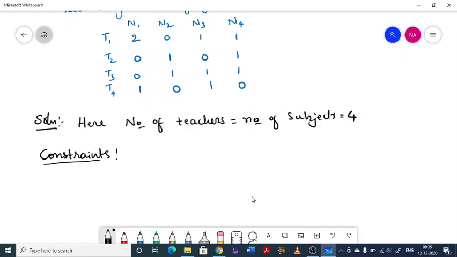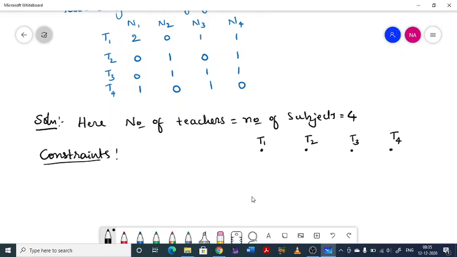So I'll write the graph here. So these are the vertices: T1, T2, T3, T4.